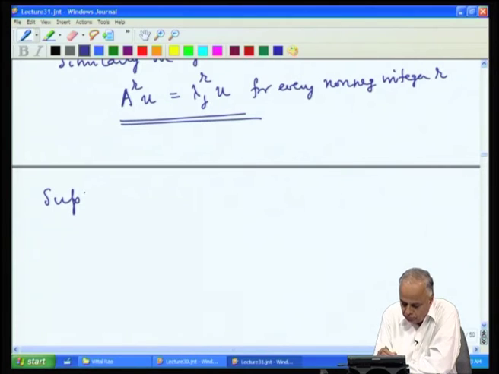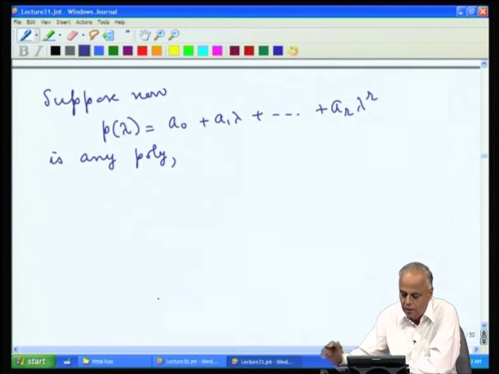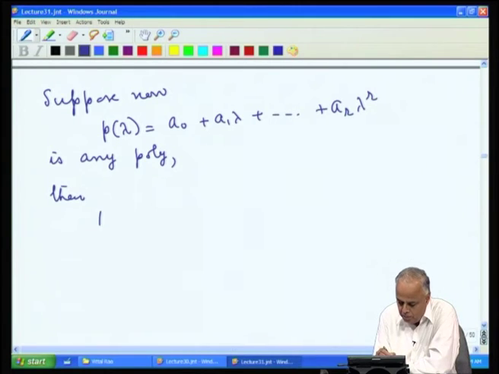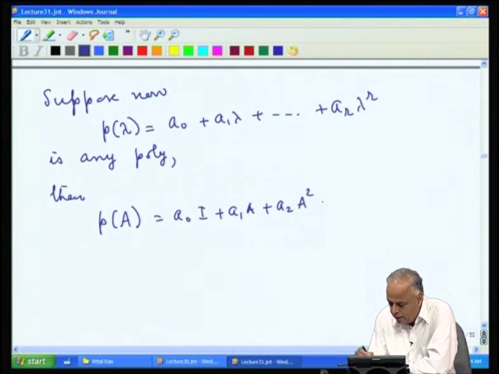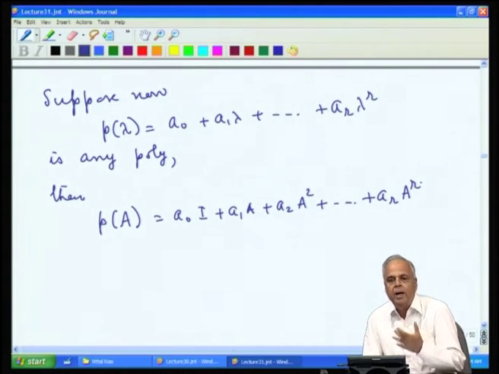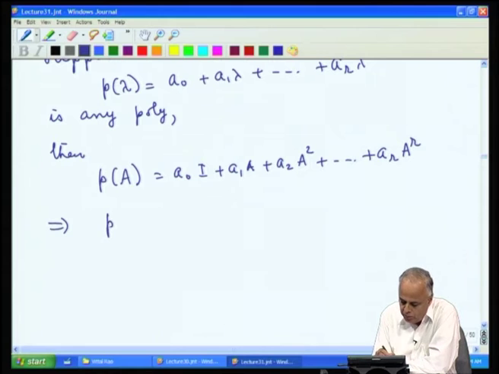Suppose now P lambda is equal to a naught plus a 1 lambda plus a r lambda power r, any polynomial with complex coefficients, then we know P A is a naught I plus a 1 A plus a 2 A squared and so on plus a r A power r. This is how we define P A corresponding to any polynomial P lambda, and therefore, what is P A u?